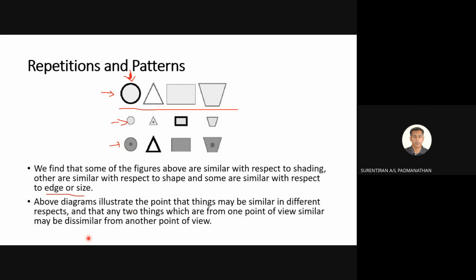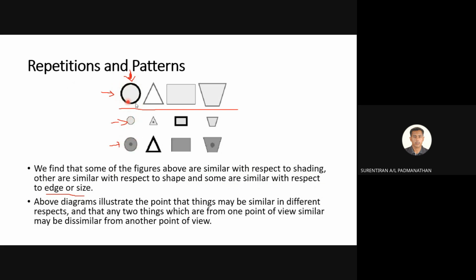Here you can see that some of the figures above are similar with respect to shading. Others are similar with respect to shape, and some are similar with respect to edge or size. You can see here, this one is round, right? But this one is also round, and this one also round.